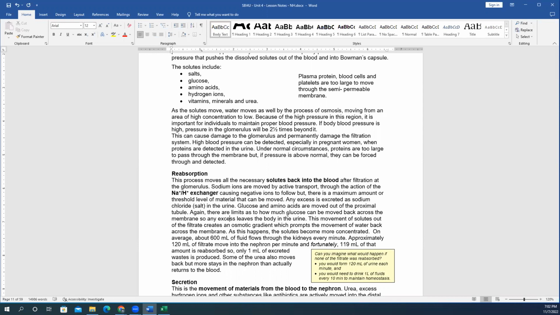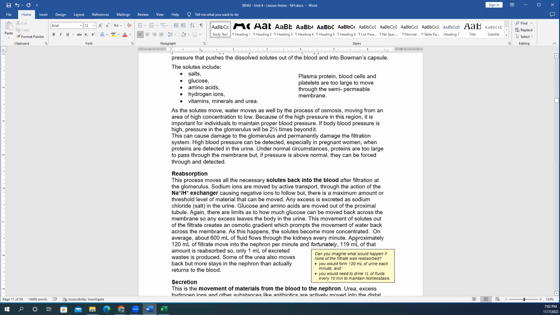Fortunately, about 119 milliliters of that amount gets reabsorbed so that only 1 milliliter is excreted in the waste products. Some of the urea also moves back, but most of it stays within the nephron rather than returning to the blood.